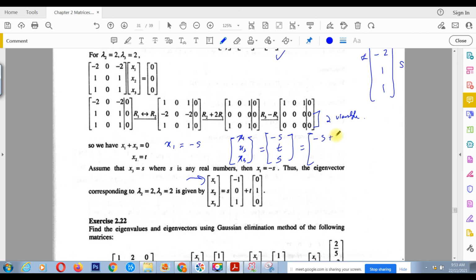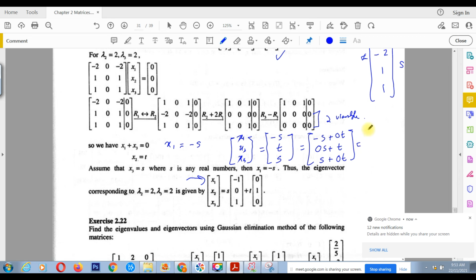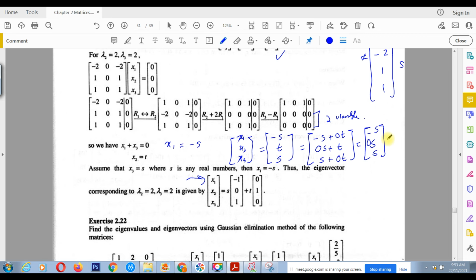Negative s plus 0t, then 0s plus t, then s plus 0t.